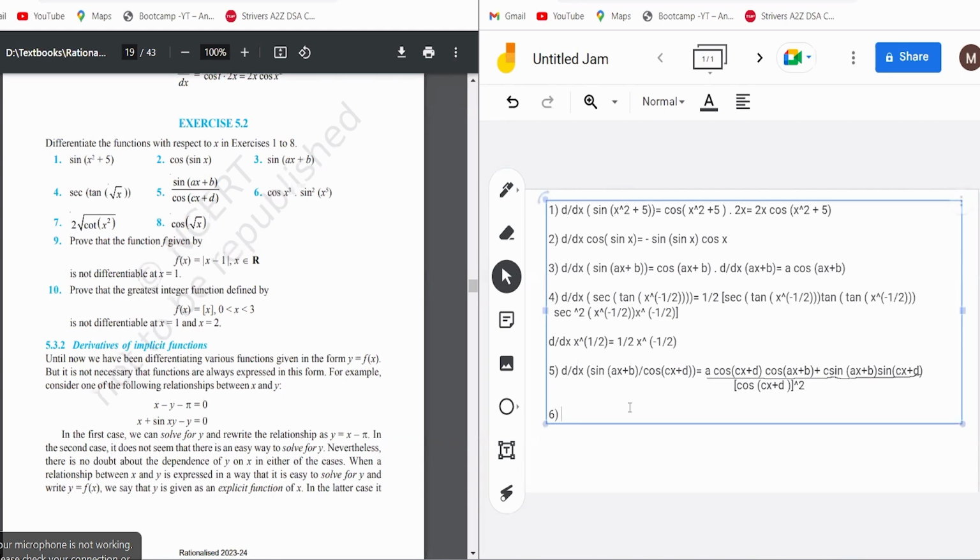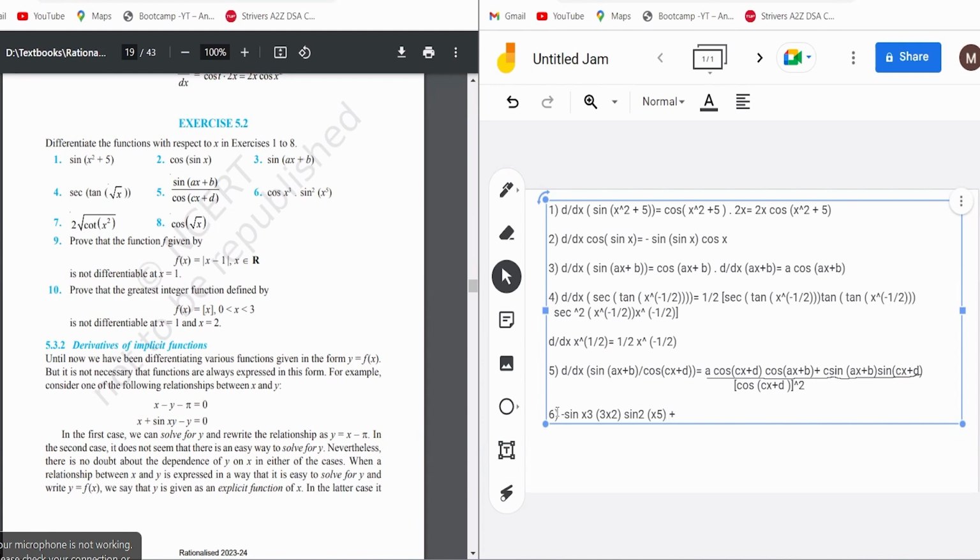So differentiation of first function: differentiation of cos of something is minus of sine of x cube multiplied by differentiation of x cube. Differentiation of x cube is 3x square. Okay. And the second function as it is, that is sine square x power 5.